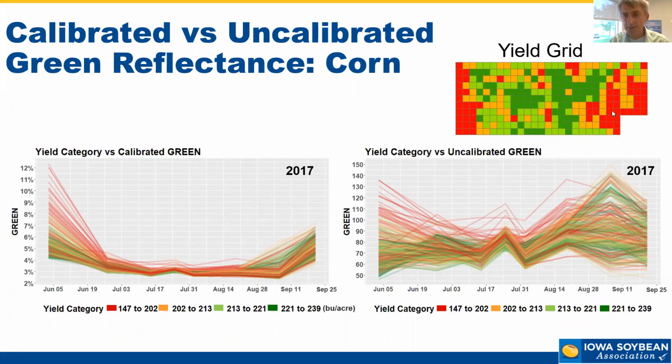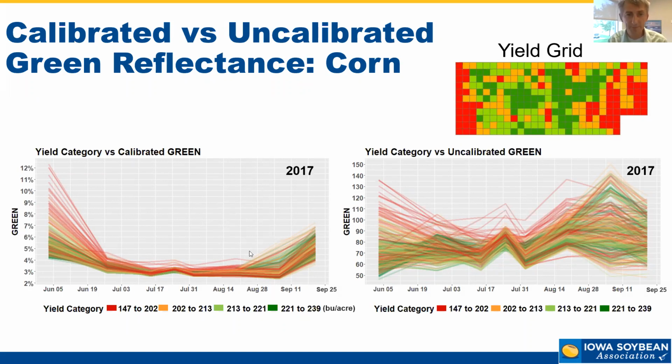The red lines should indicate the higher yield. So you notice that the higher the green reflectance, meaning that there is less chlorophyll, the yield tended to be lower. So these red lines are on the top earlier. And then you can just follow this. Of course, this is uncalibrated imagery.